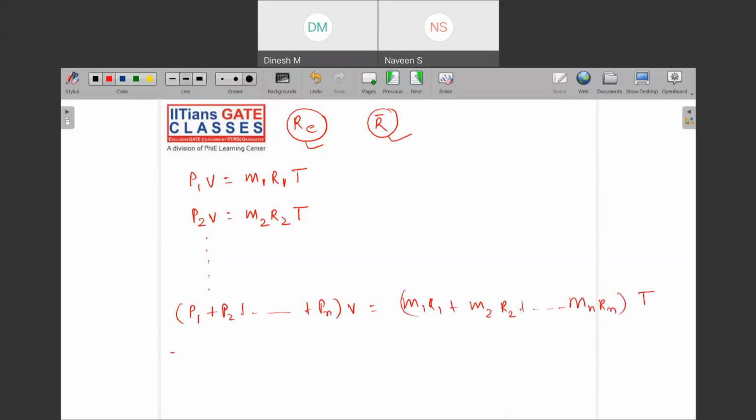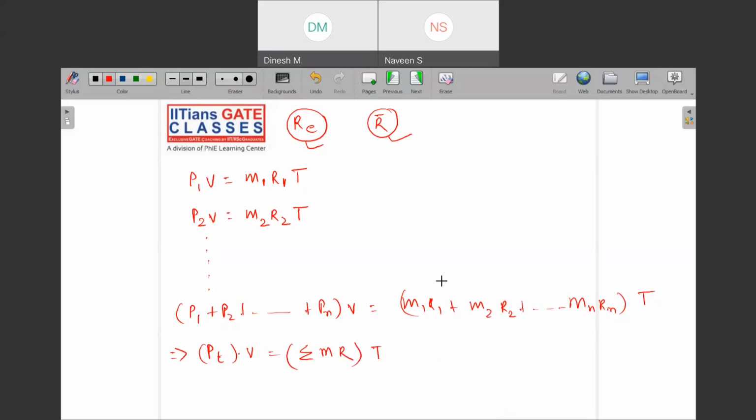Can you see that this is again nothing but total pressure? So this is total pressure into V is equal to summation of mass into R multiplied by T. Can I write this?